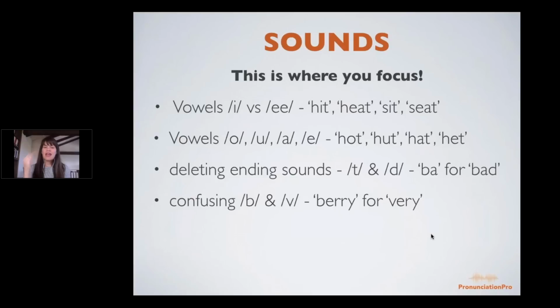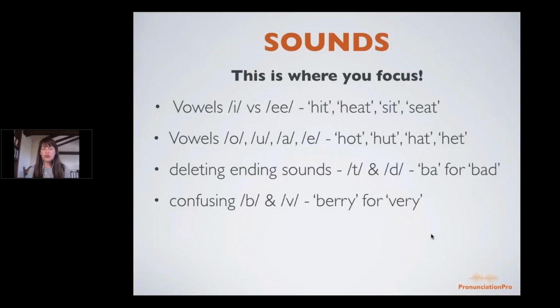As I go through these, you might think, oh, I don't do that, I don't do that, especially if you haven't been in the program for too long and you haven't done a lot of the listening exercises. But keep your mind open to these, because it might be that you are confusing certain sounds and saying them incorrectly and don't even realize it.